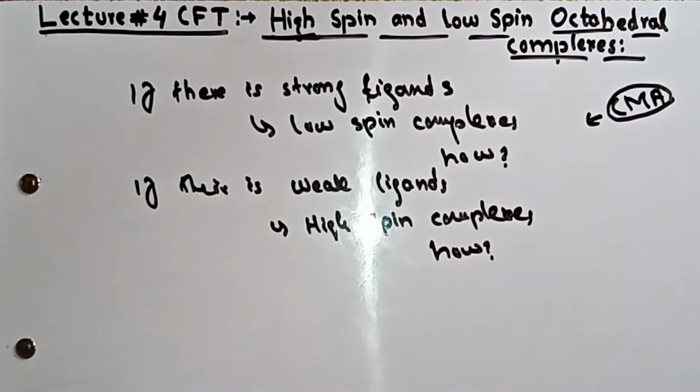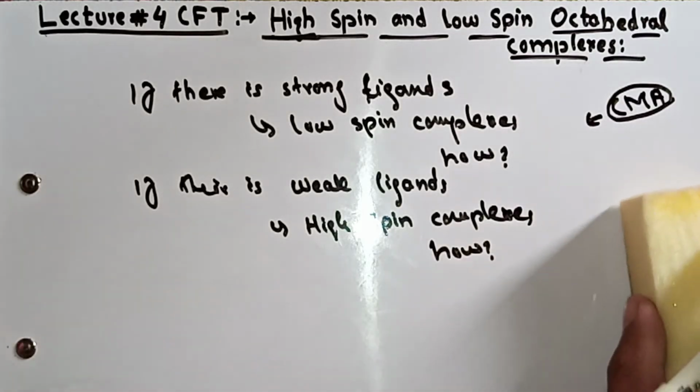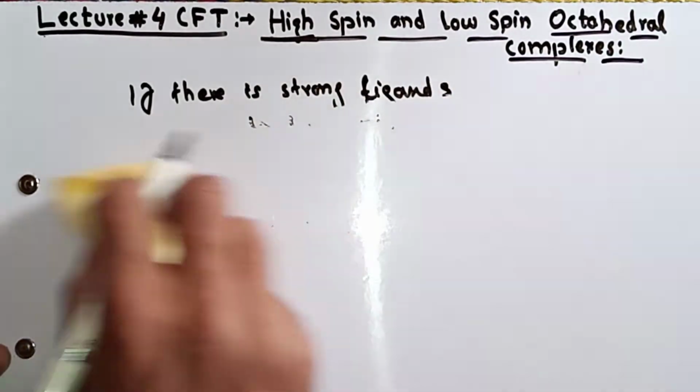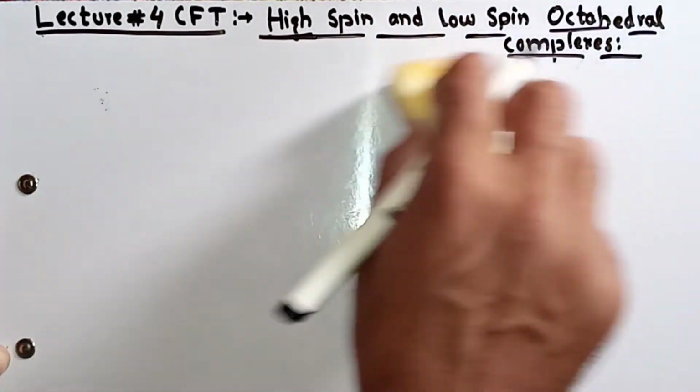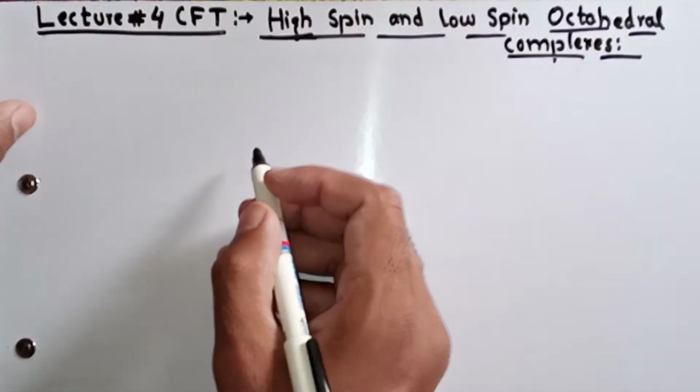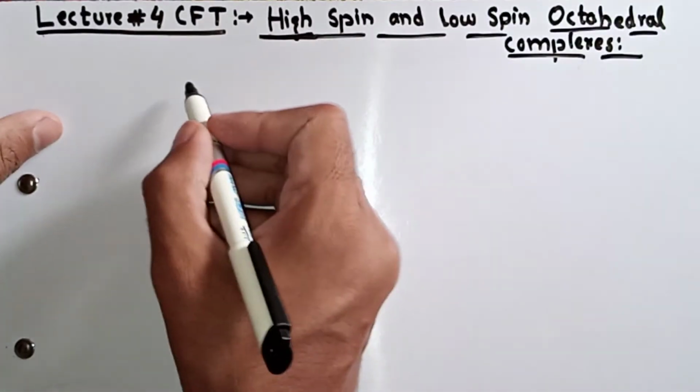So in this lecture, first of all, I'm telling you what a strong ligand is and what a weak ligand is. It needs a separate video, so I will make a separate video on what a strong ligand and what a weak ligand is.